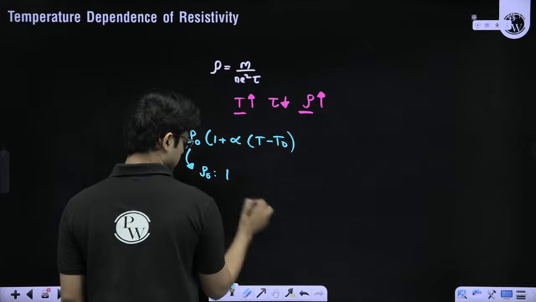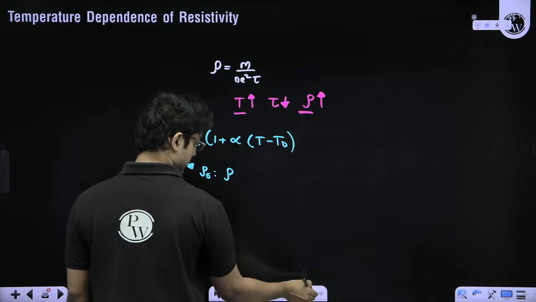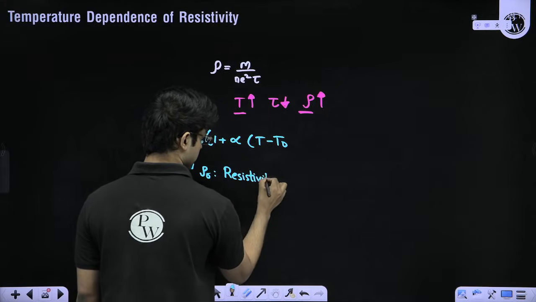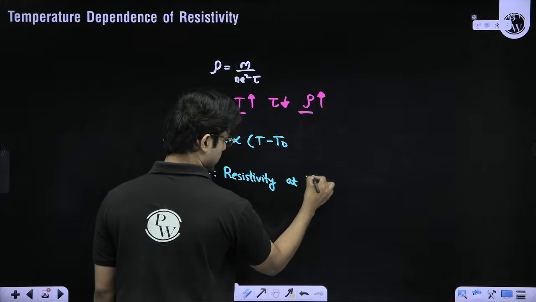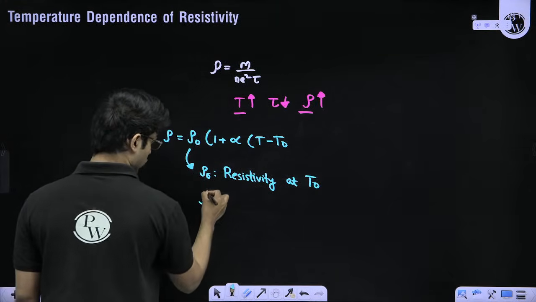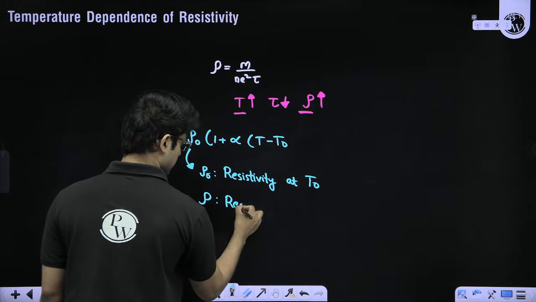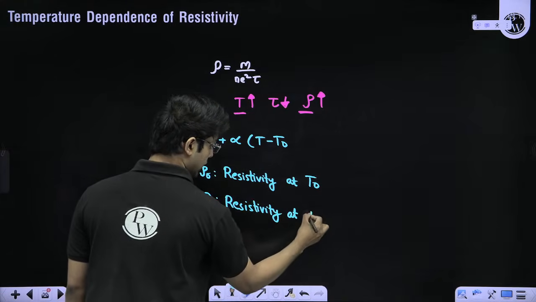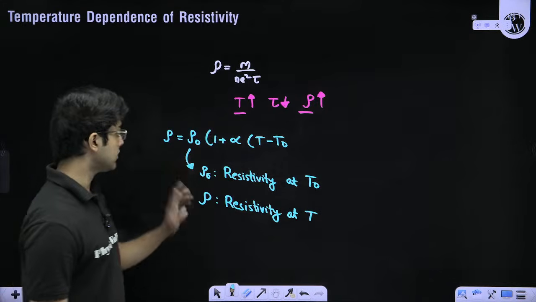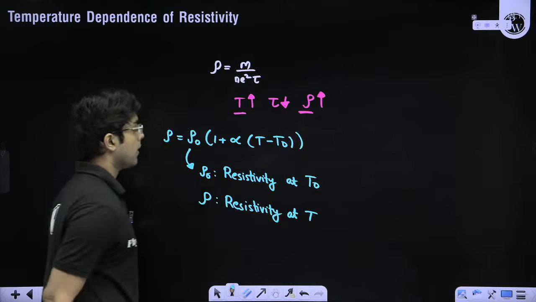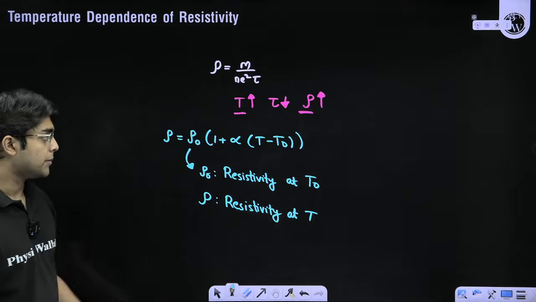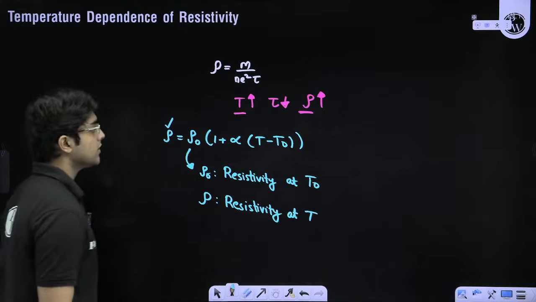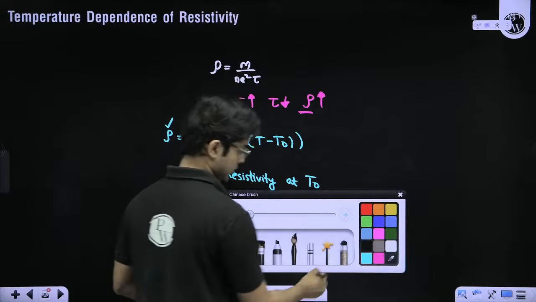So rho naught is the resistivity of the conductor at T naught temperature, okay? And rho is the resistivity at T. So if you increase the temperature of the conductor to T, then this is the new resistivity that you obtain, okay? So this is a relation that gives us the resistivity.